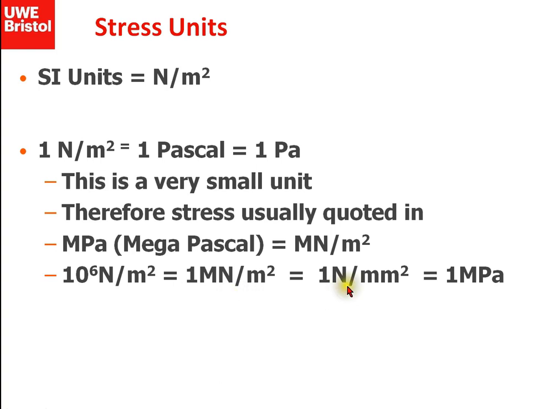And a lot of engineers don't like using mega, so they use newtons per millimeter squared, okay? Because 1 meter squared is going to be 1 million millimeters squared.